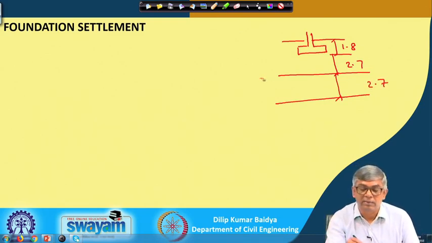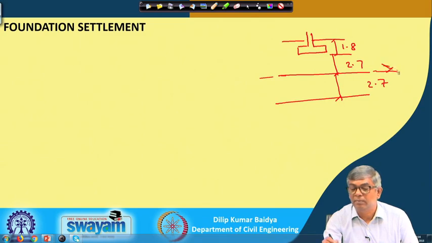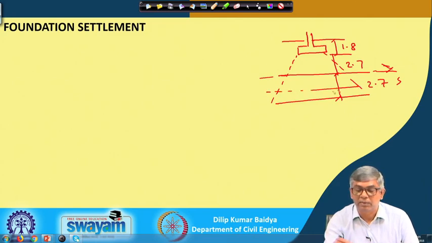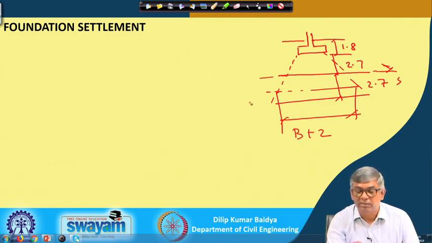And water table is here only, and if I put dispersion like this, then at this level what is the width? I have to find out. This will be equal to B plus Z, and Z will be how much from here to here?